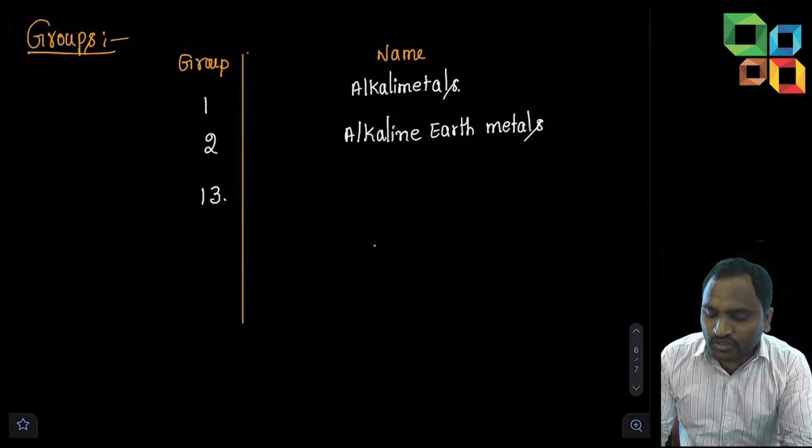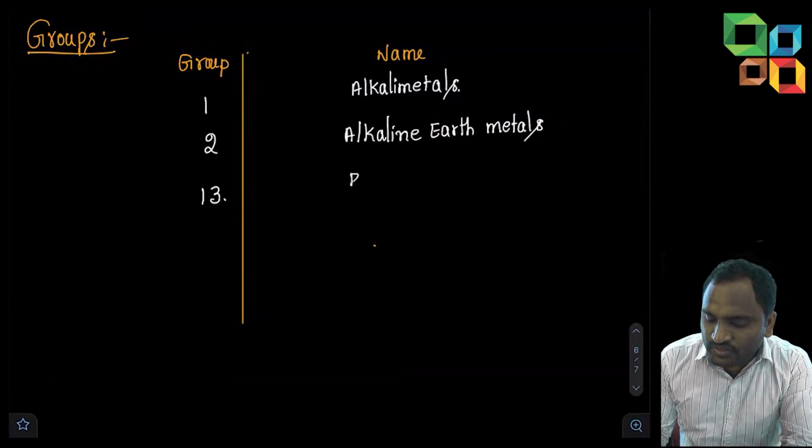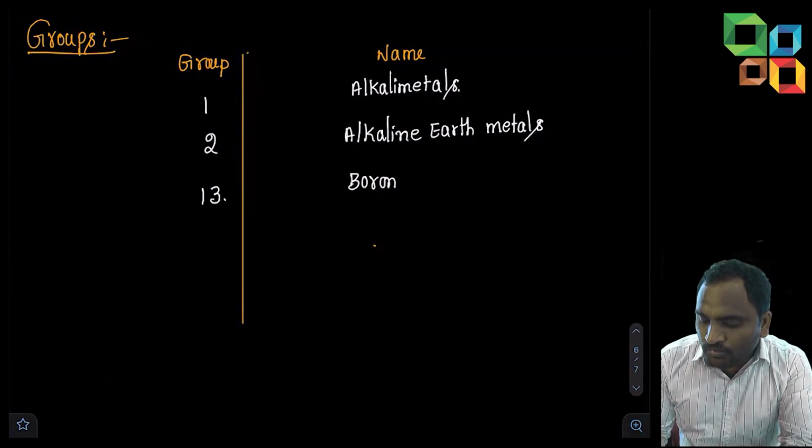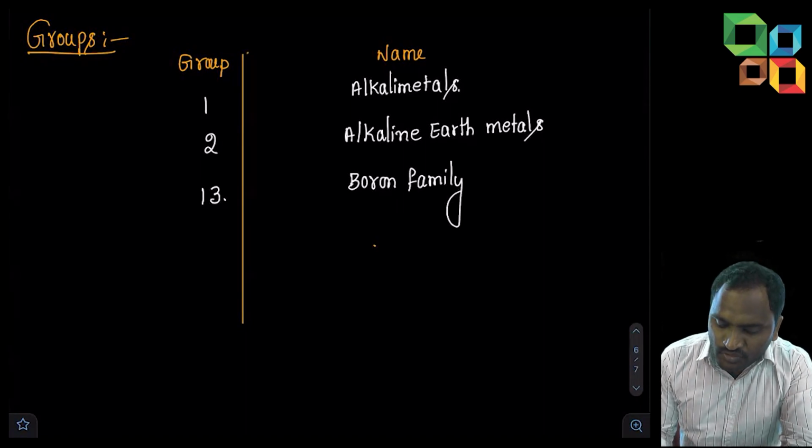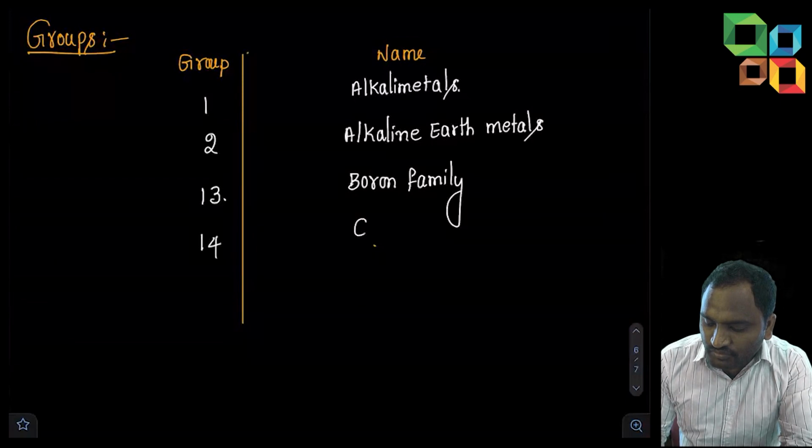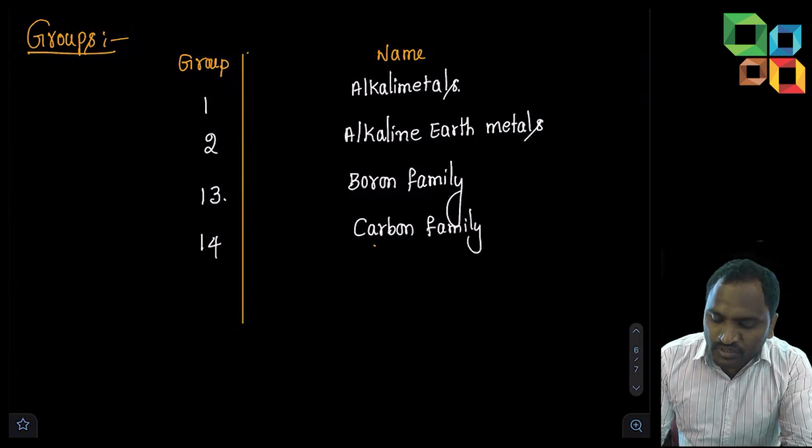That group starts with boron, so the group is called the boron family. 14th, carbon. Carbon is the first element, the parent element.